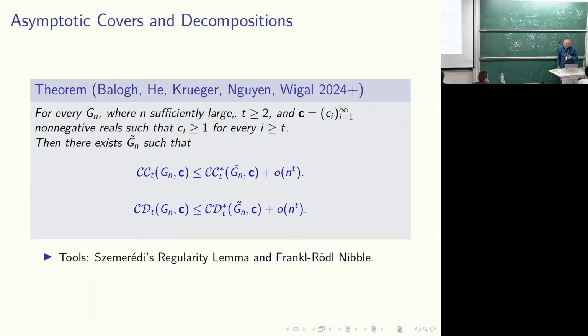So that's a big difference compared to Haxell and Rödl, because Haxell and Rödl proved it for the same graph, and here we proved that there is a graph which in the fractional setup is not doing better.